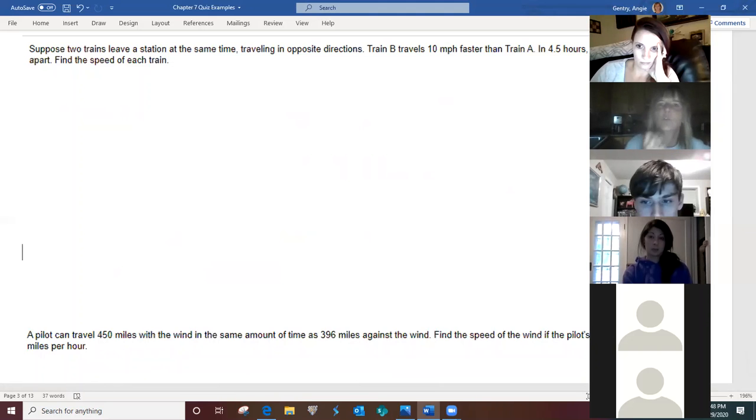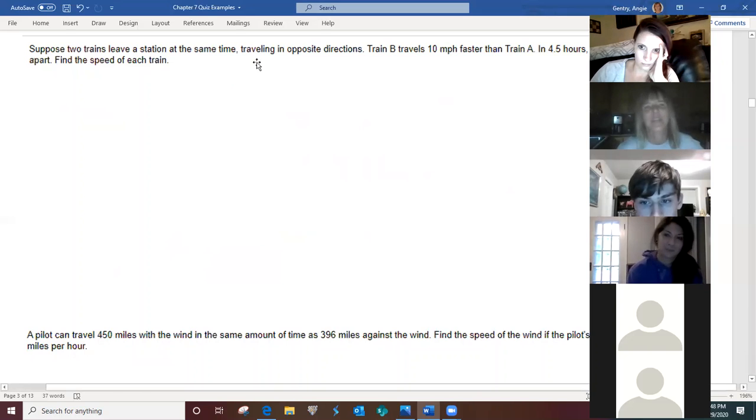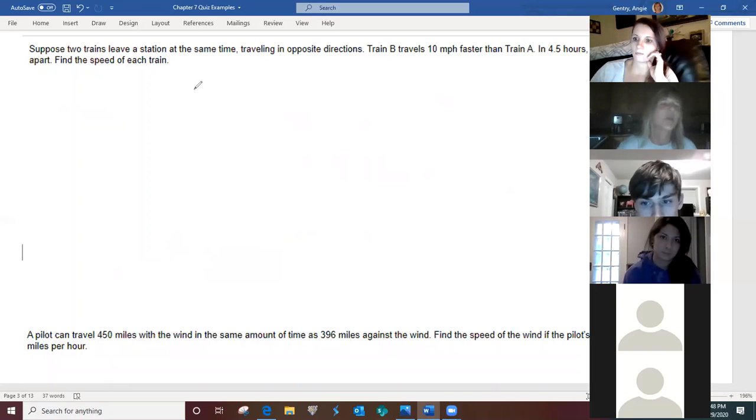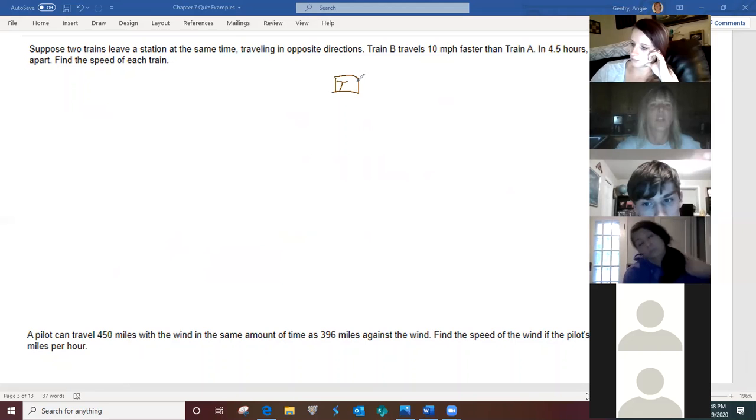Which one do I want to do first? That top one, the supposed 2 trains. Oh man, but this one I might have to work a little differently. Okay, so what I usually do is I'm going to draw a little picture. So I have a picture, and this is my train station.